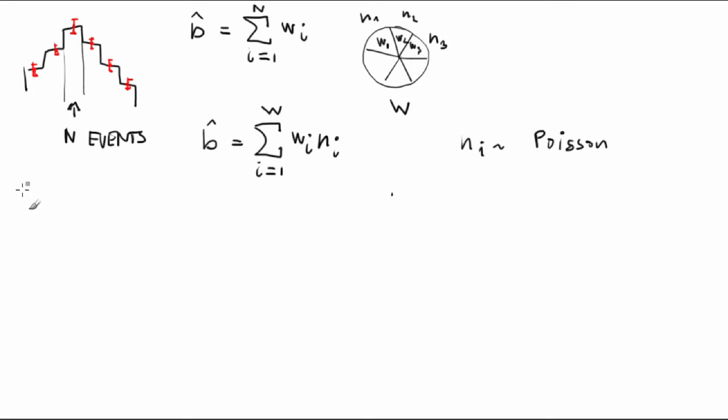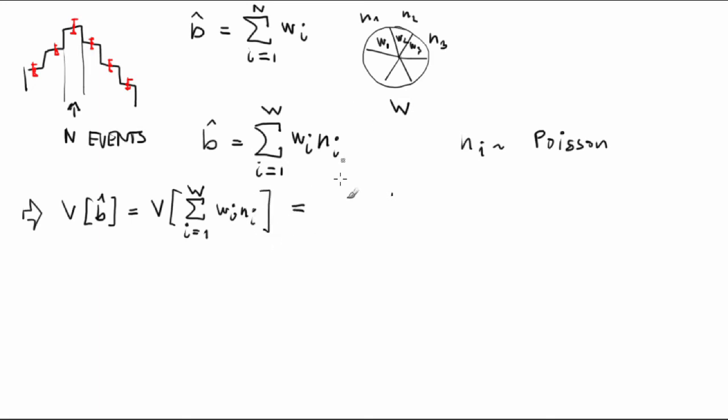Then the obvious question is, what is the variance of the bin content? Again, we use the properties of the variance. Variance of B hat equals the variance of the sum for i going from 1 to w of w_i n_i, and this equals the sum for i going from 1 to w of w_i squared times the variance of n_i.